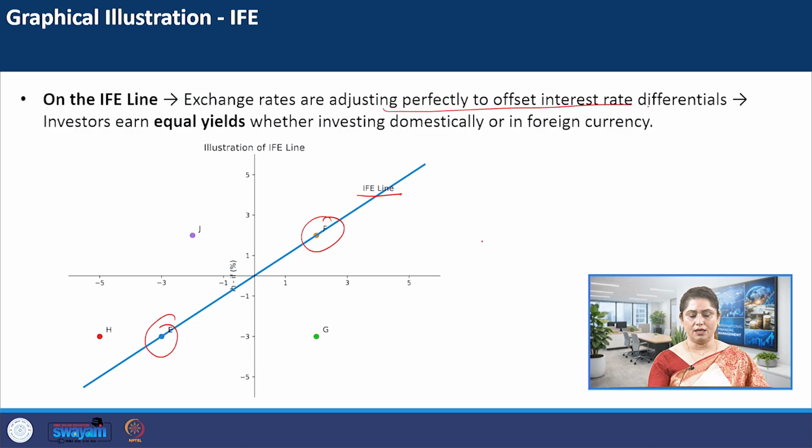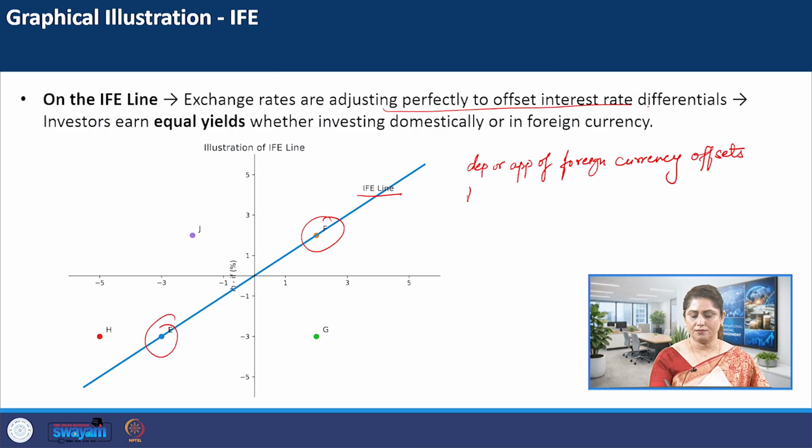That means if we see that the depreciation or the appreciation of foreign currency offsets the difference in the interest rate between two countries.